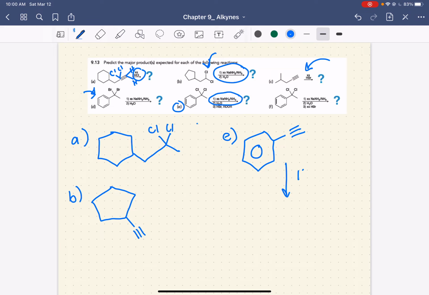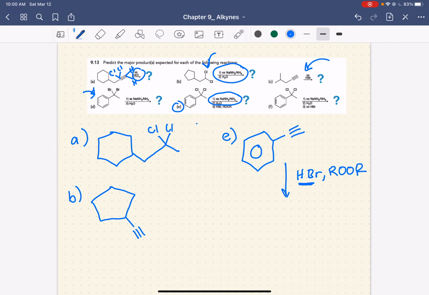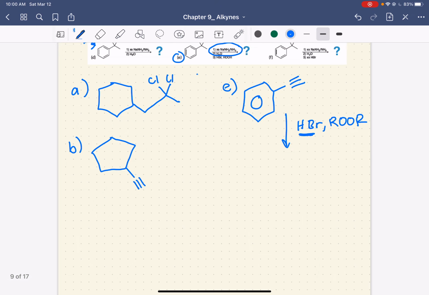Now we go ahead, we treat it with HBr, but with peroxides. Now this is not excess HBr, so only one equivalent. That means we're not taking it all the way to a single bond. We're just forming a double bond. We're only adding one equivalent of hydrogen and bromide.